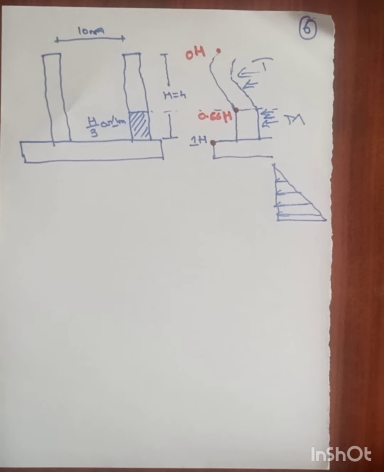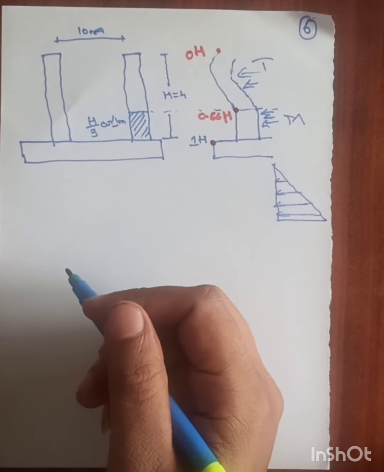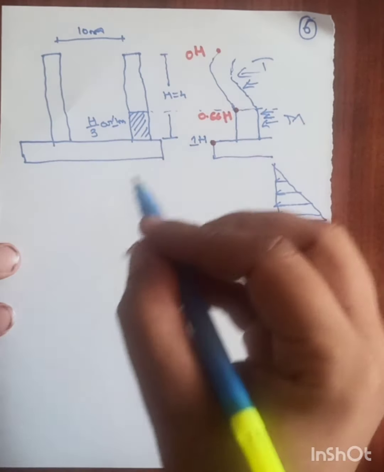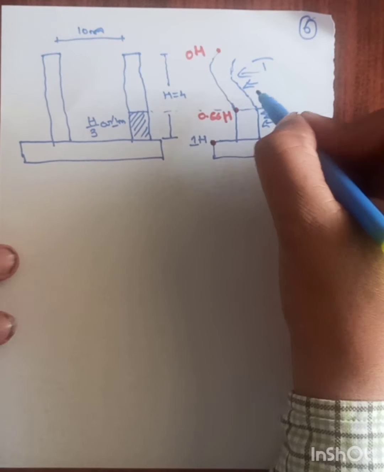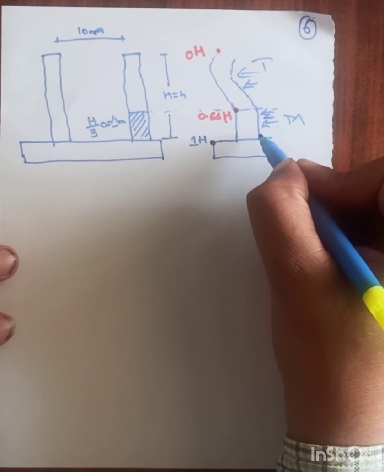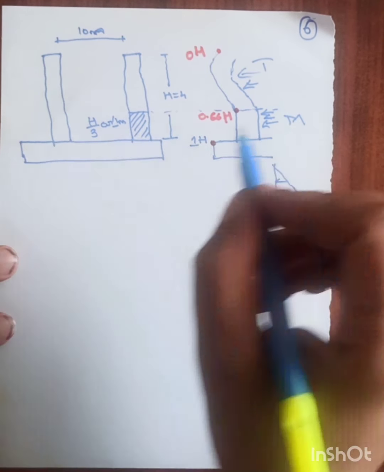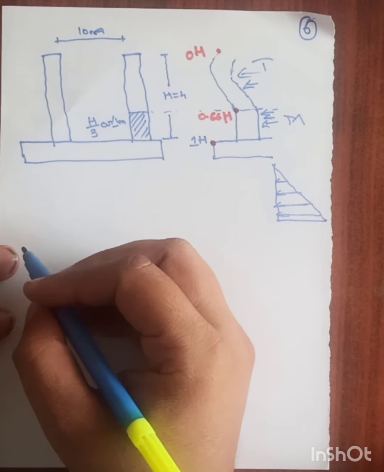Now we will use IS 3370 part 4 to calculate the hoop tension and bending moment. So this portion is subjected to tension, this portion is subjected to moment. Now we will be using IS 3370.